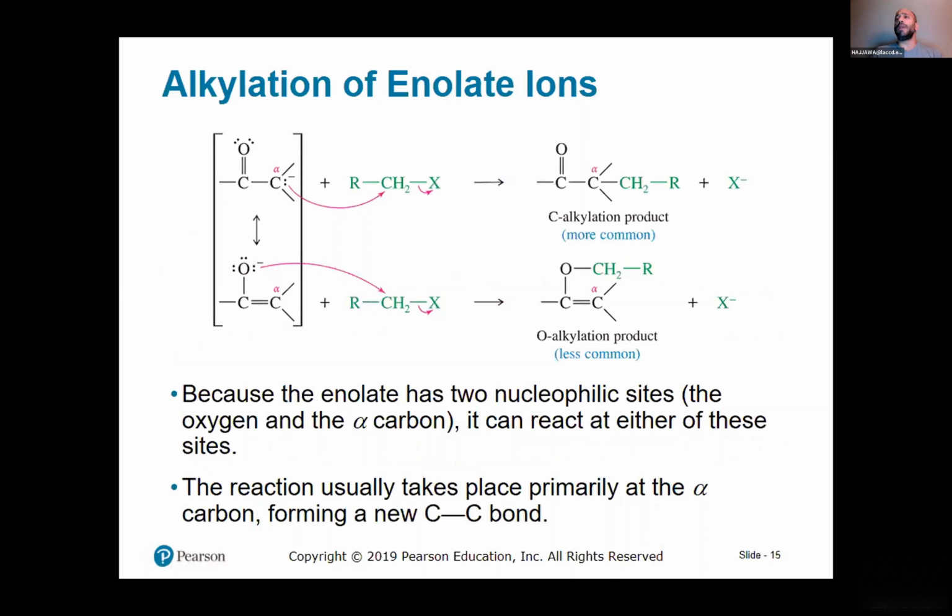Another important aspect we need to understand is that when we form the enolate, we have two resonance forms. We have the one that has the negative charge on the carbon, and the one that has the negative charge on the oxygen.